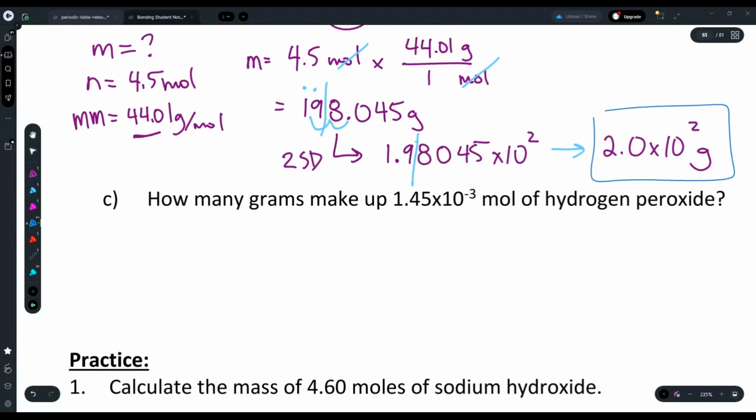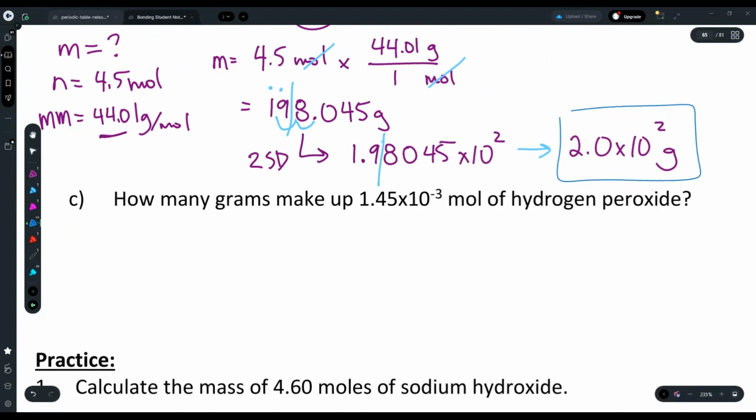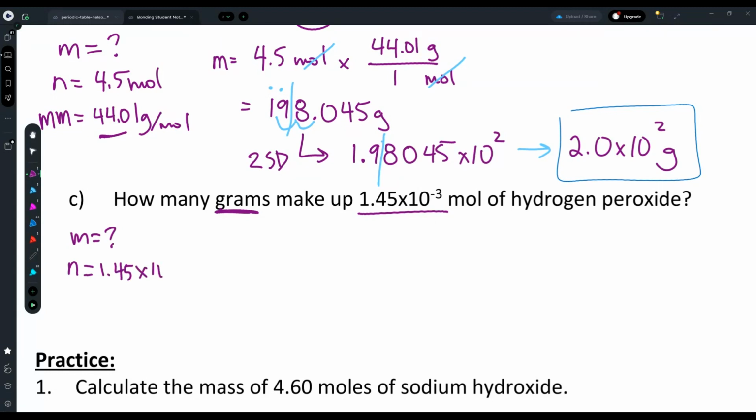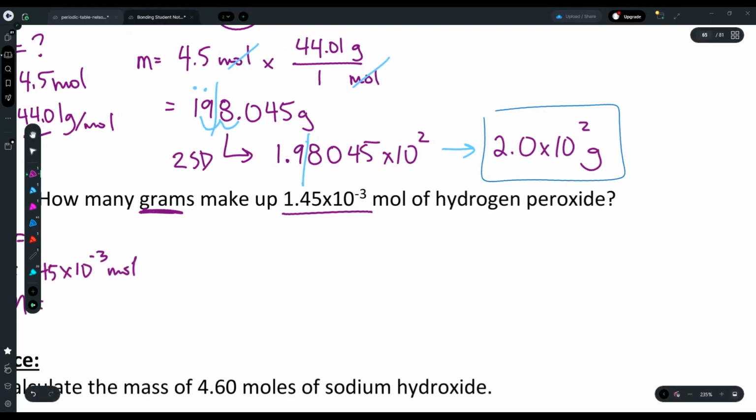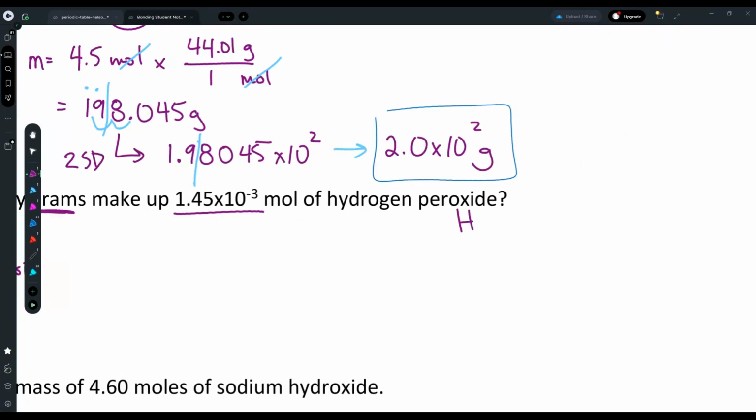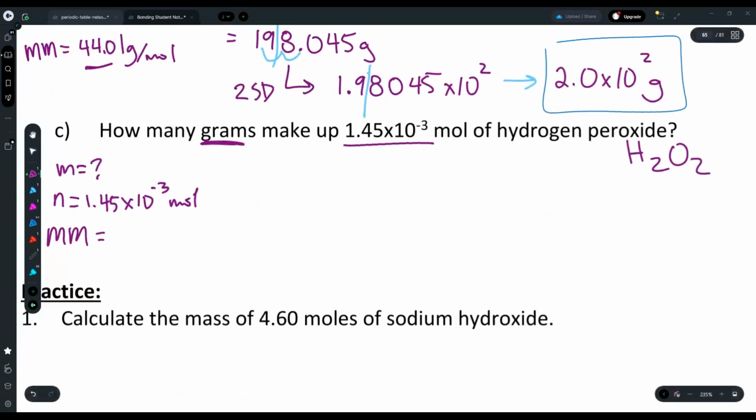All right, last but not least, how many grams, so they're asking for mass, make up 1.45 times 10 to the power of negative 3 moles of hydrogen peroxide. So mass, we have no clue. Moles is 1.45 times 10 to the power of negative 3 moles. And then we need to figure out our molar mass. Okay, so hydrogen peroxide is going to be H₂O₂.